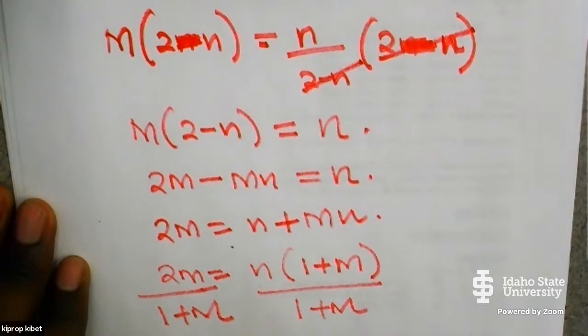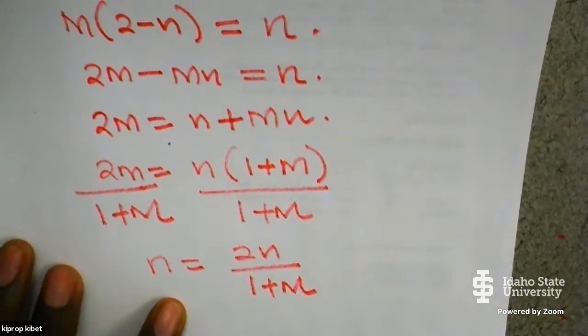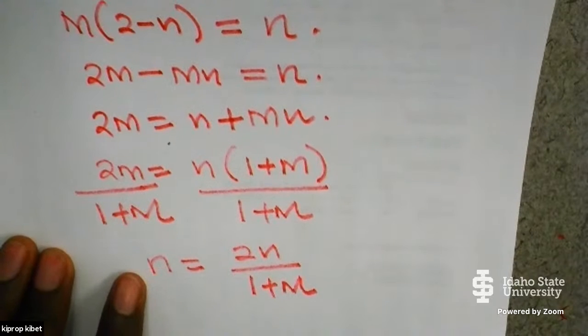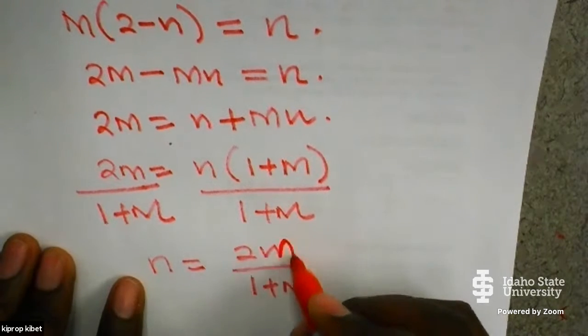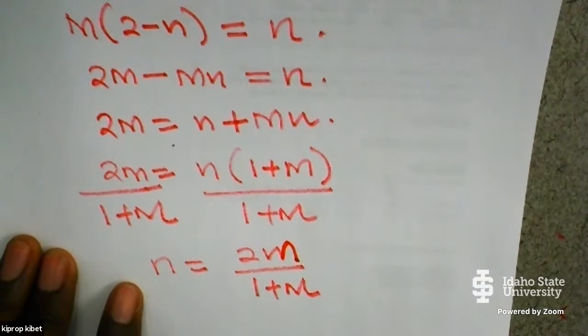So finally, n equals 2m all over 1 plus m. Simple, right?